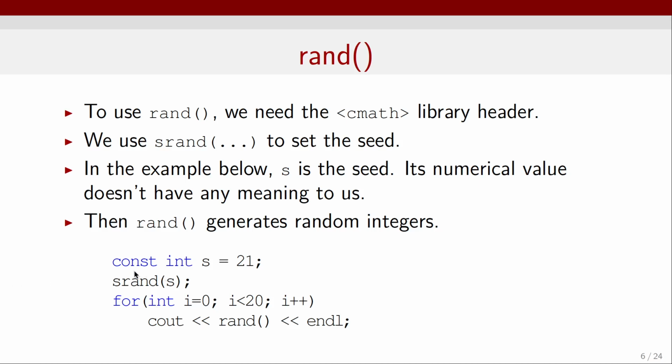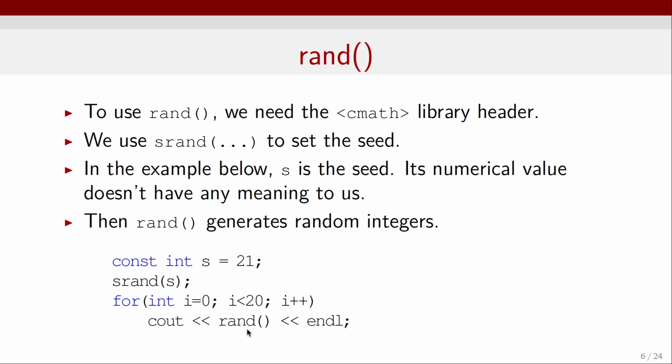So here I'm starting with a constant integer s equals 21, and then I call the function srand with argument s, which is 21. That sets the seed. And then inside a for loop from 0 to 20, I have a cout of rand and end the line.